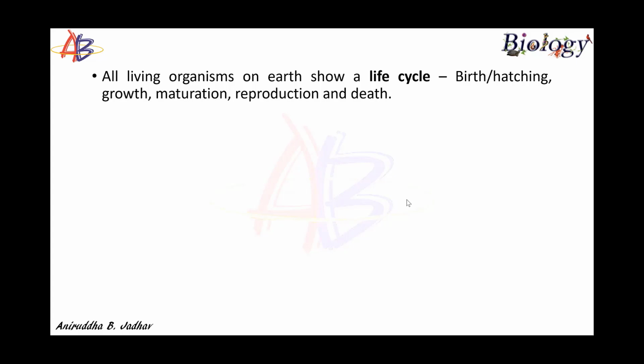Any living organism begins its life with a birth or hatching process or a germination process. After birth, hatching or germination, they start developing all the morphological and physiological characteristics related to those species, which we usually consider in terms of growth. After attaining proper growth, they enter the maturation phase.